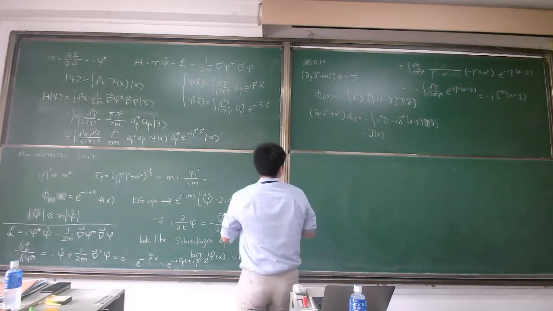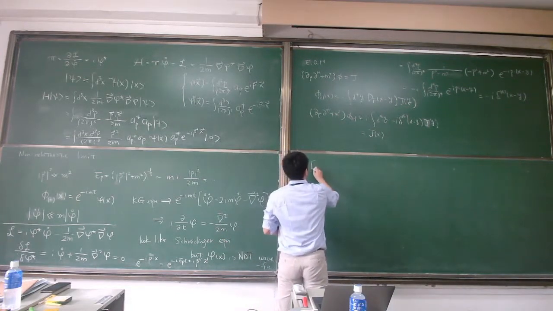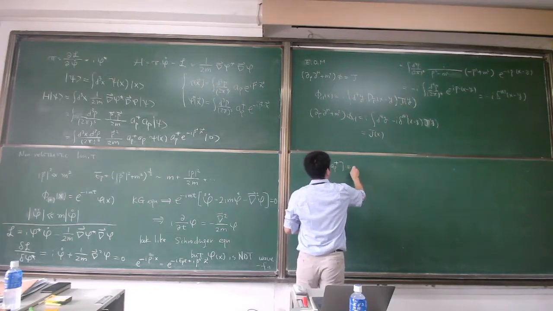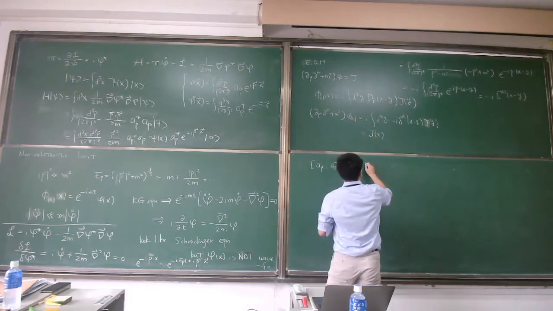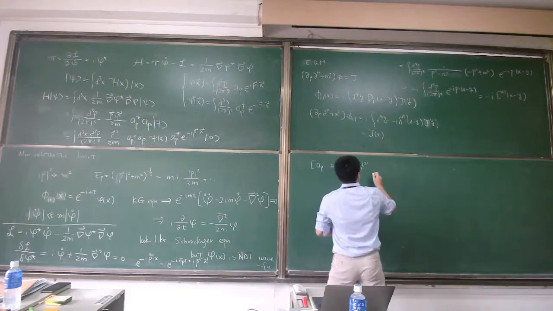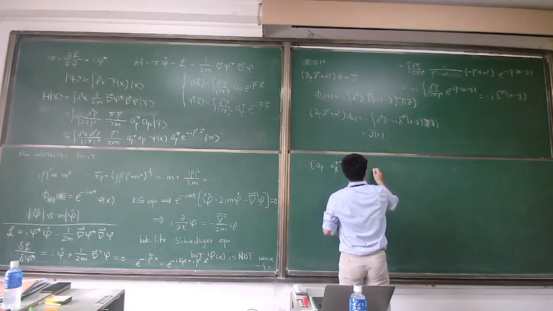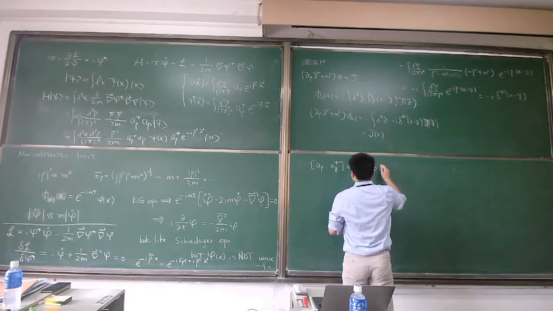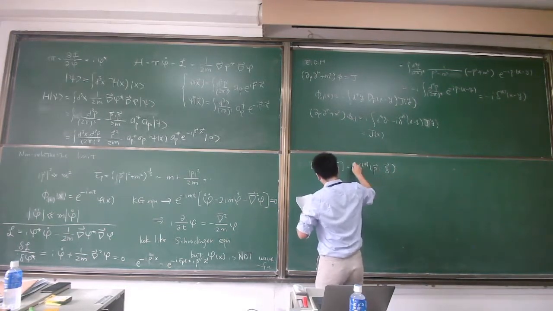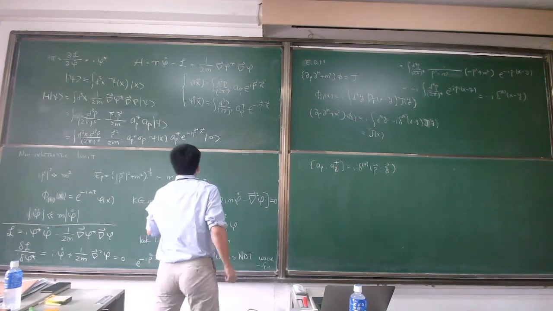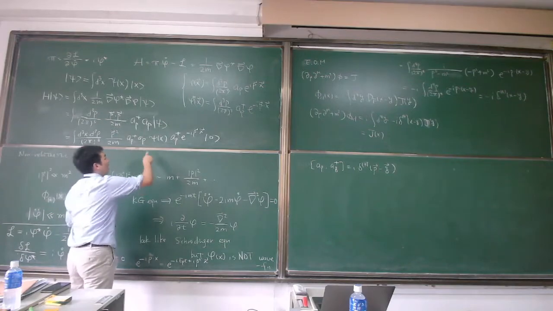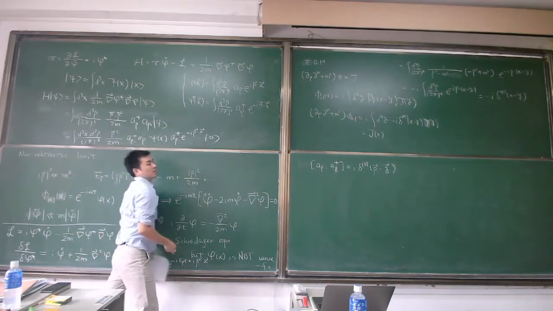Then we just use the following: a_p a_q dagger is equal to a delta function, p minus q, times i. So if you use this relation, this can just swap this one. Then a_p acting on 0 gives 0, and what's left is this delta function.